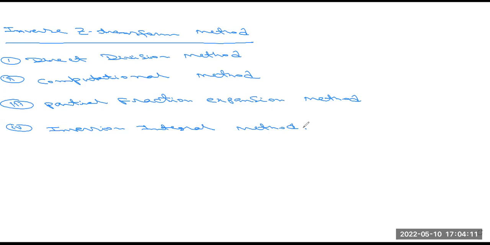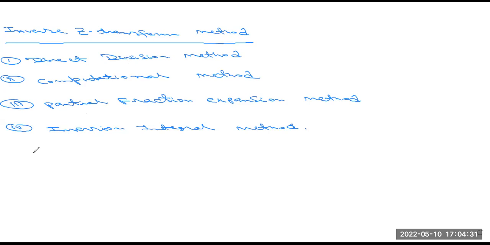So first of all, we have to discuss the direct division method. In previous classes we discussed the pole-zero functions. Using this pole-zero function, each and every node we have to describe in the inverse Z transform method.